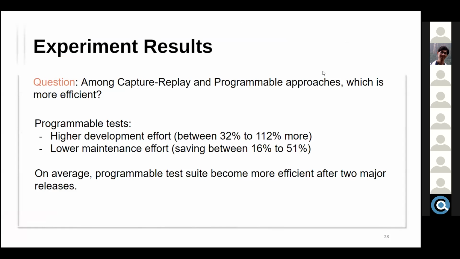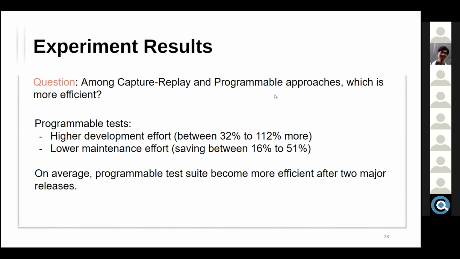Through the experiments, they found that programmable tests had higher initial development effort, between 32% to 112% more than capture replay. But afterwards, the maintenance effort was lower, saving between 16% to 51% after one release. So on average, the programmable test suite becomes more efficient after 2 major releases.